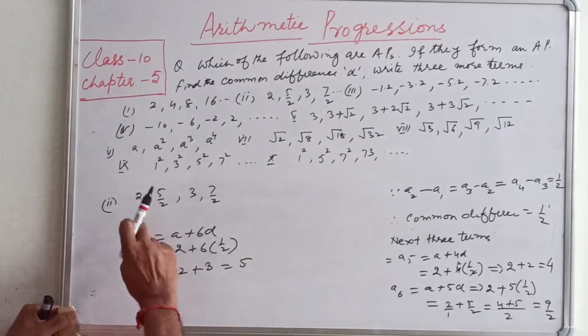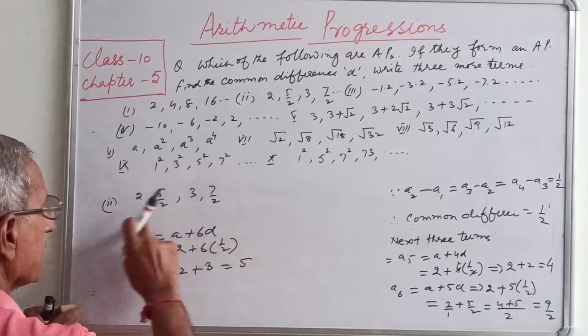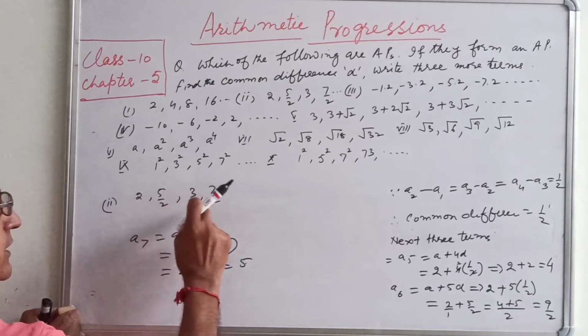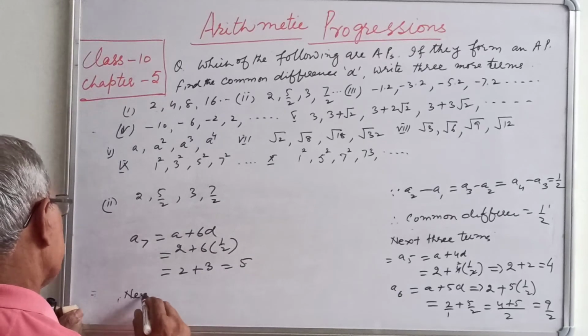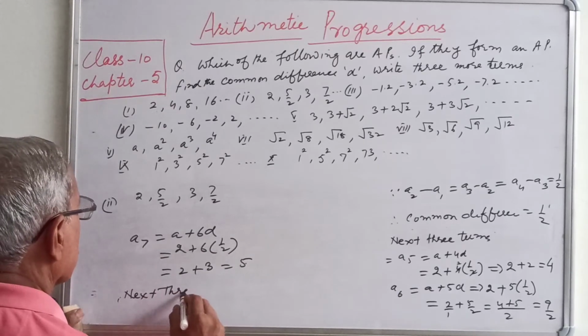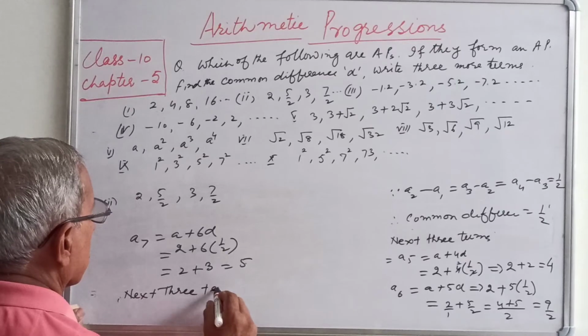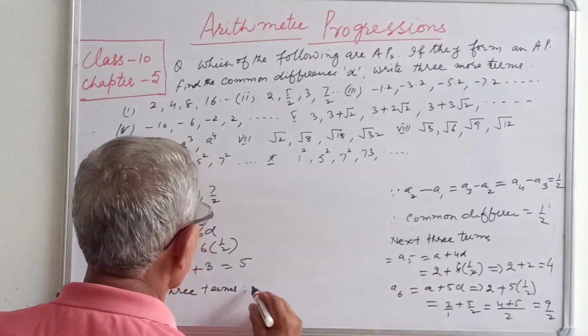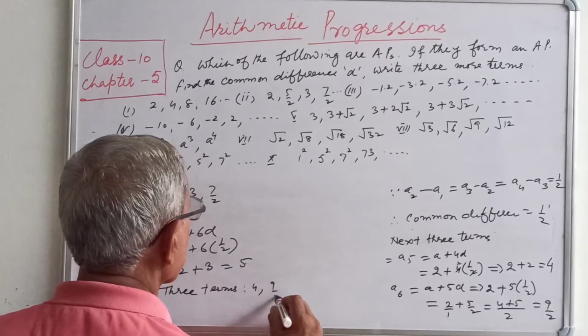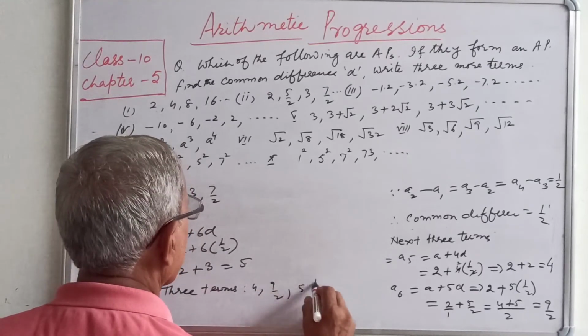So the other 3 terms, the next 3 terms are 4, 9 upon 2 and 5.